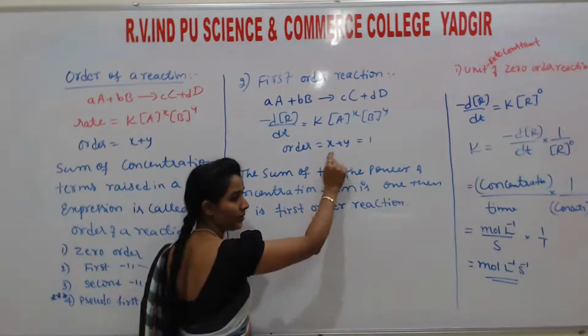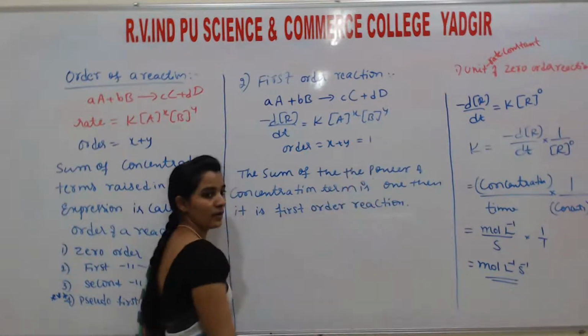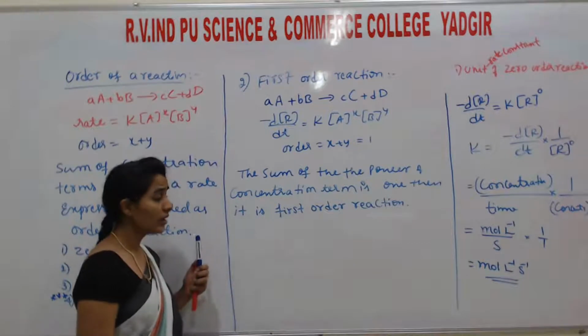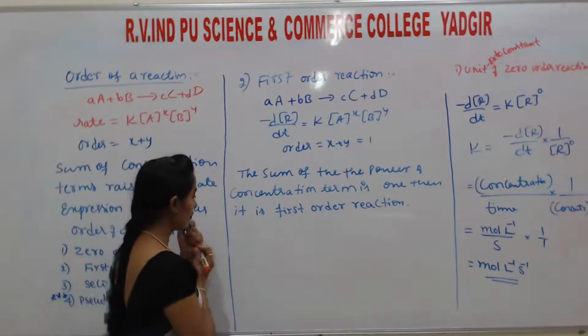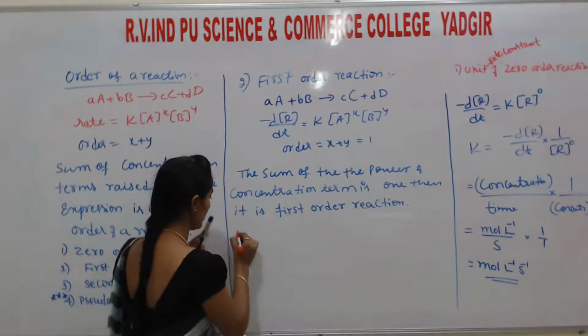The sum of the powers of concentration terms is 1. Understand? So here, if I write the example, you will easily understand.